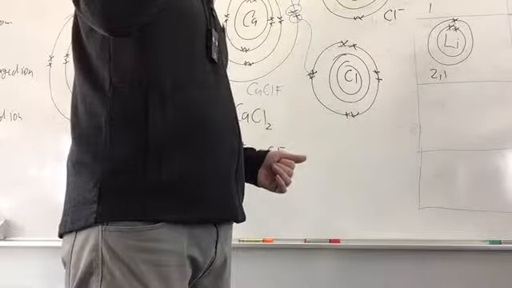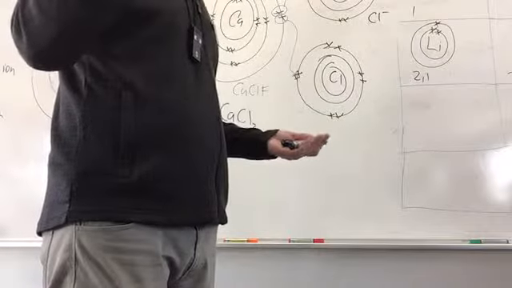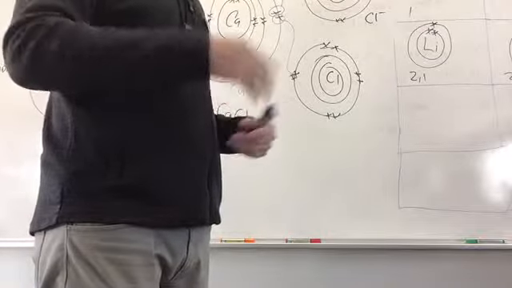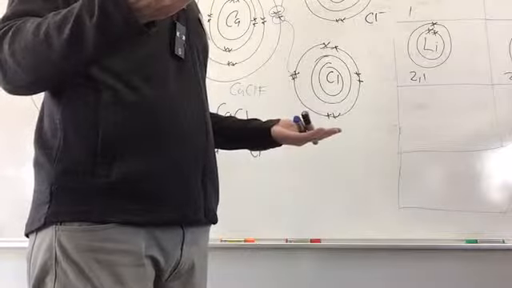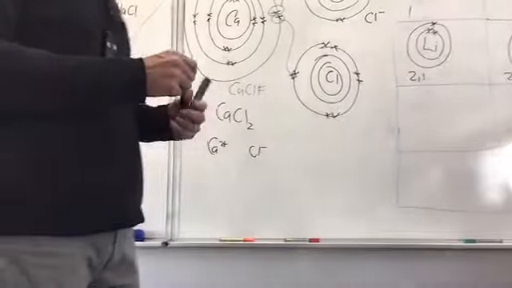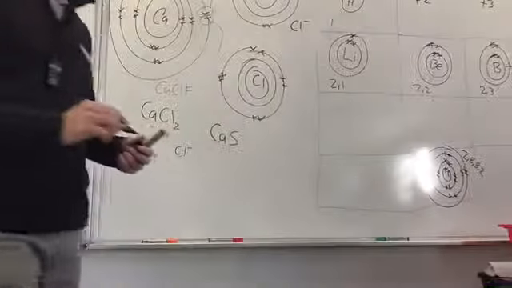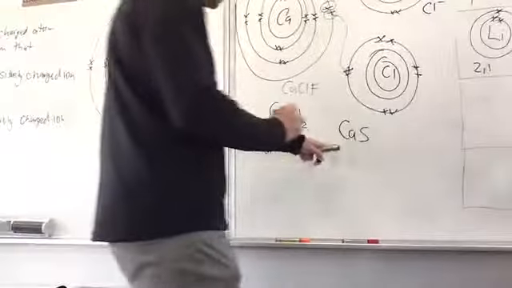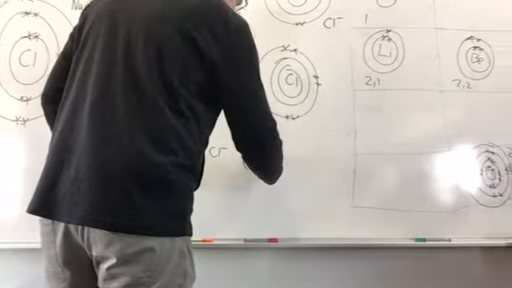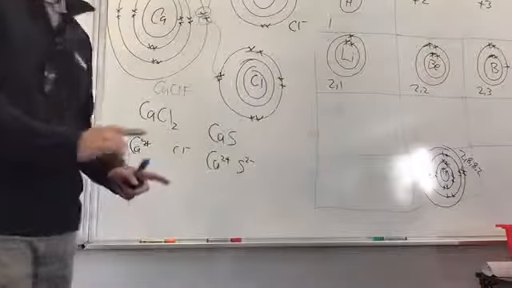Because it's got 6 electrons on the outer shell, and calcium has 2, so then it would form calcium sulfide. And what would the formula for calcium sulfide be? CaS, because calcium is 2+ and sulfur is 2-, so we need 1 of each.